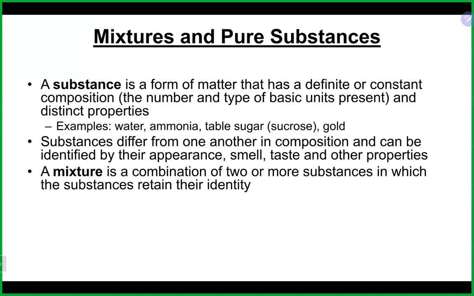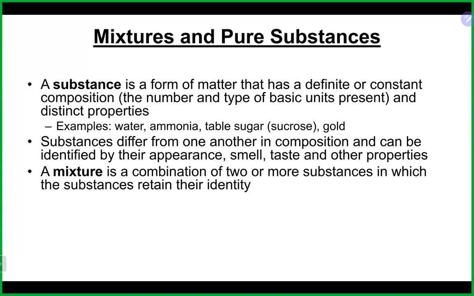Sugar too. You could also have a pure substance that is an element, like if you just had gold, or a whole bottle of zinc, like you'll see later, or copper. It's just that element by itself, so it is a pure substance. Pure substances usually have distinct characteristic properties that allow you to identify one pure substance from another.